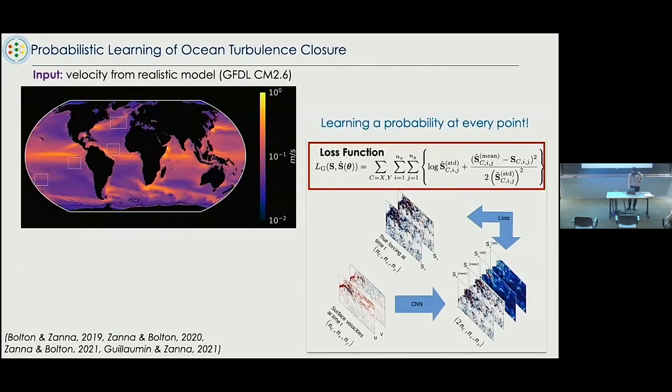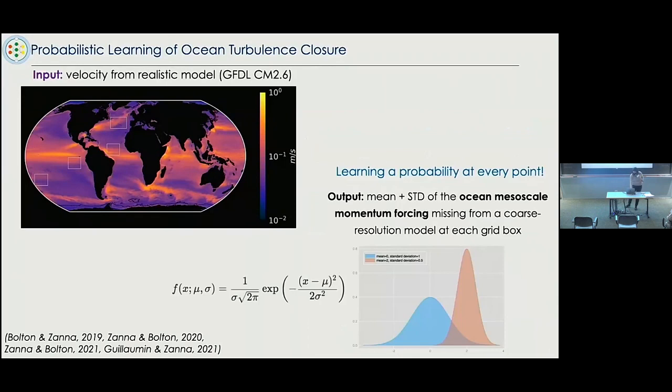Yeah, so what we do is, at every single grid point, we're going to calculate this kind of missing forcing, this S term. Then within the loss function, we're going to assume the missing forcing, this S term, conditional on U, is just a Gaussian PDF. So it's something that looks like this. So when I plug that into my loss function, I end up having to learn the mean and the standard deviation.